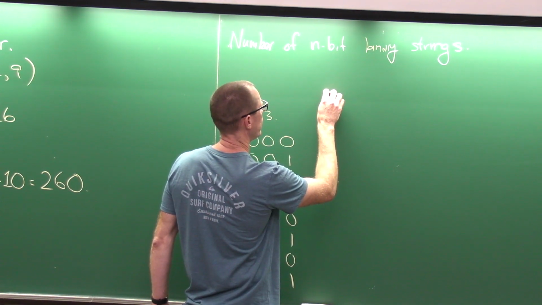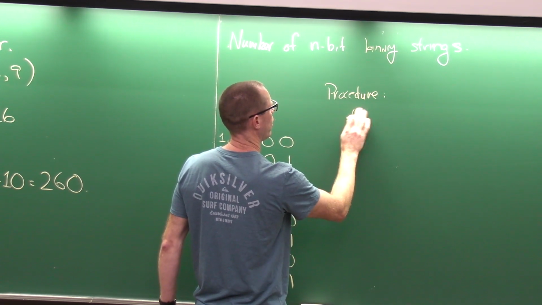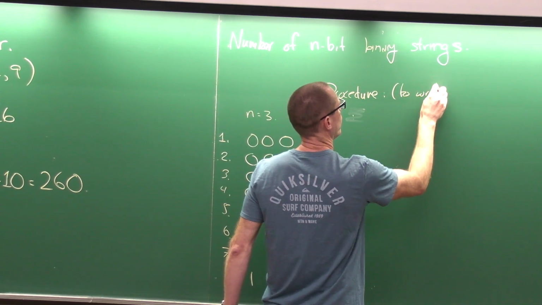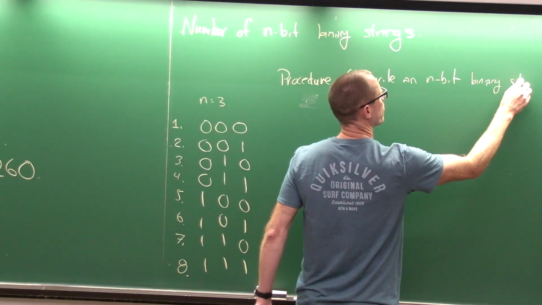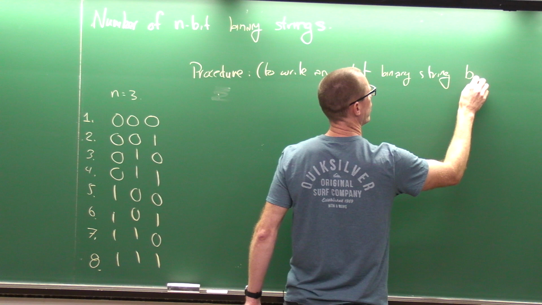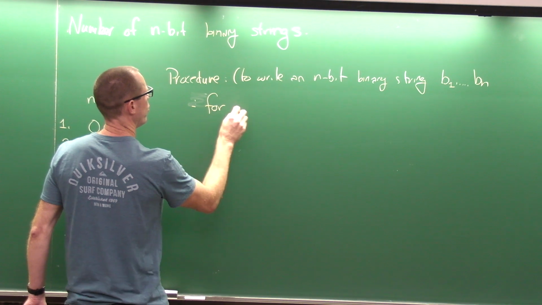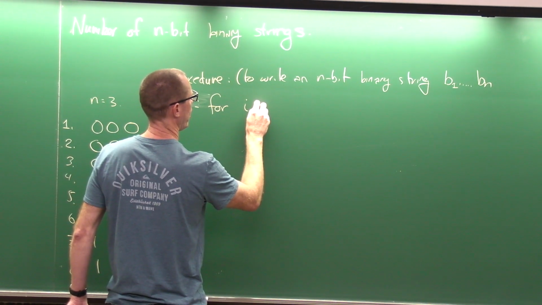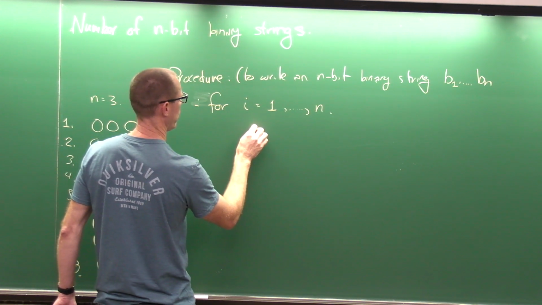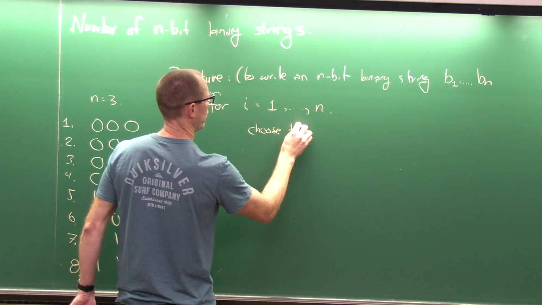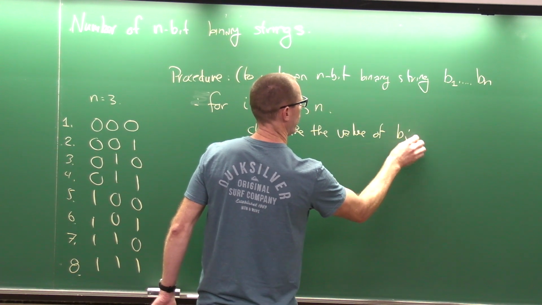So we'll say, here's the procedure for writing one of these things. To write an n-bit binary string, b1 through bn, for i equals 1 up to n, choose the value of bi.